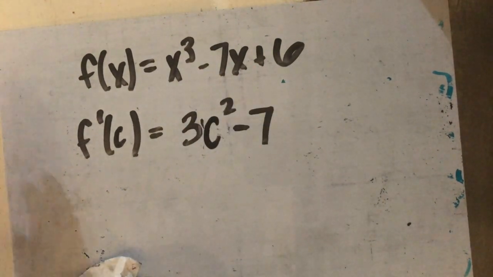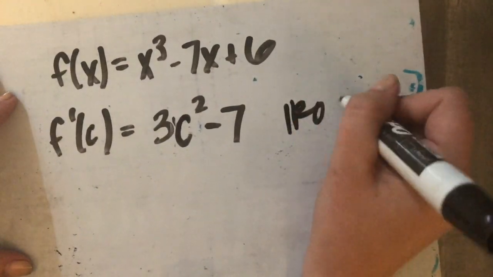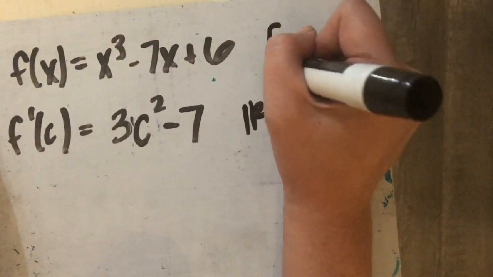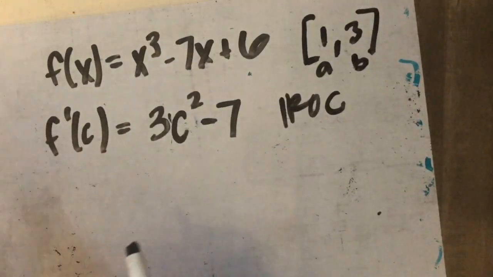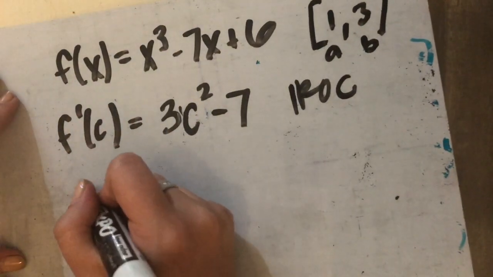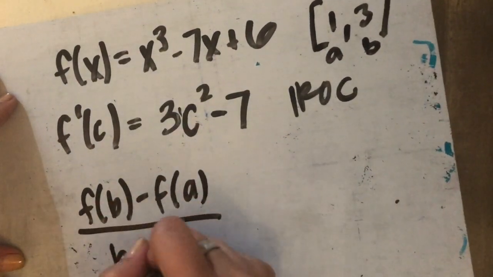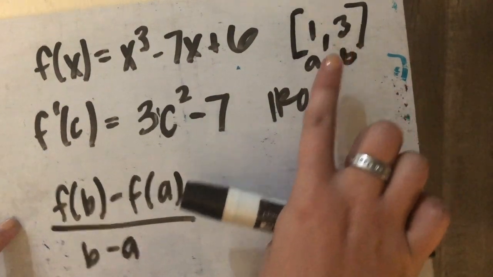Okay, now I want to find the AROC. So this is my IROC. I want to set that equal to my AROC. And remember I'm working on the interval from 1 to 3. So this is my A, this is my B. Okay, so AROC is f of B minus f of A over B minus A. So we want f of B, so f of 3, so plug that in.